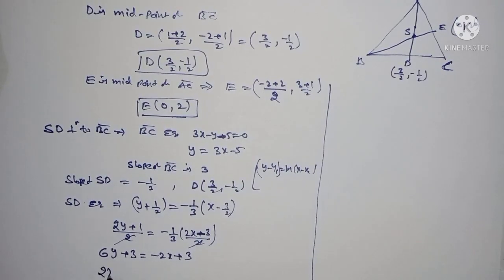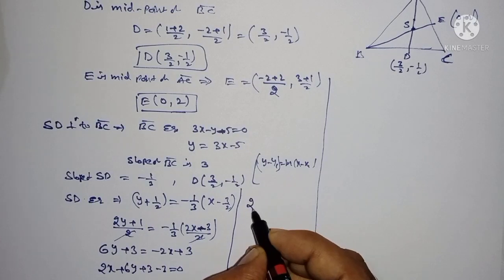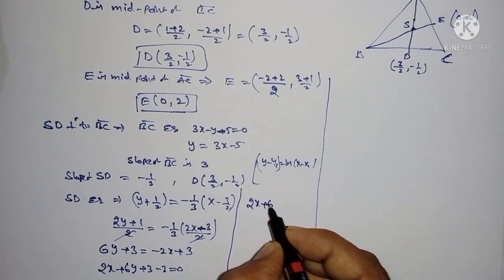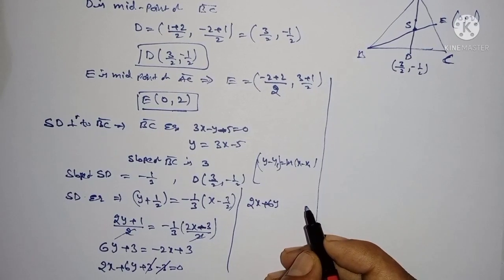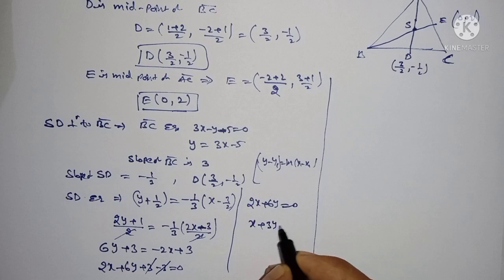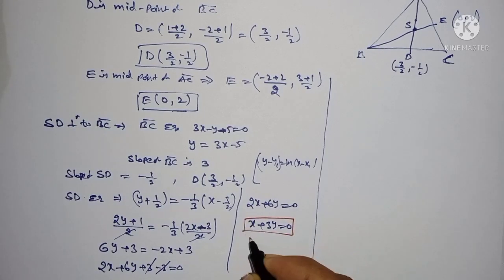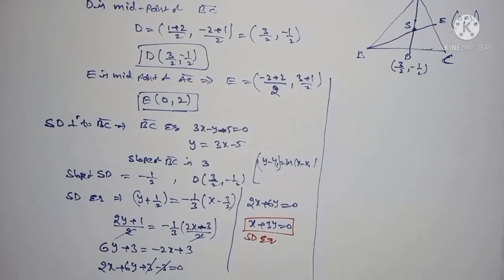Bring this side, 2x plus 6y plus 3 minus 3 is equal to 0, or it can be written as 2x plus 6y is equal to 0, x plus 3y is equal to 0. This is the SD equation.